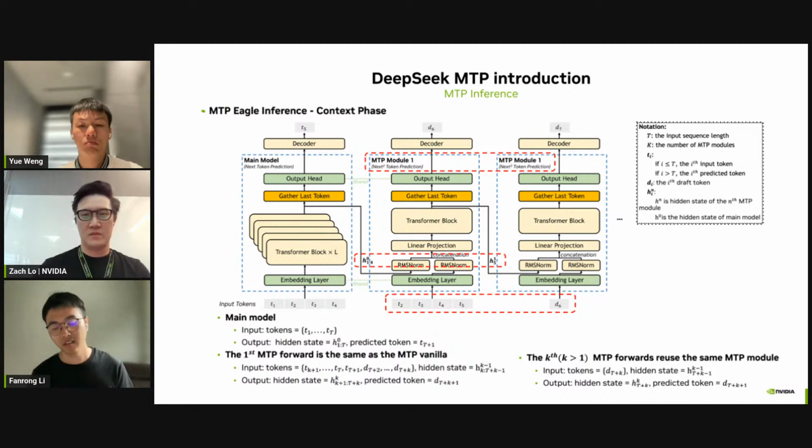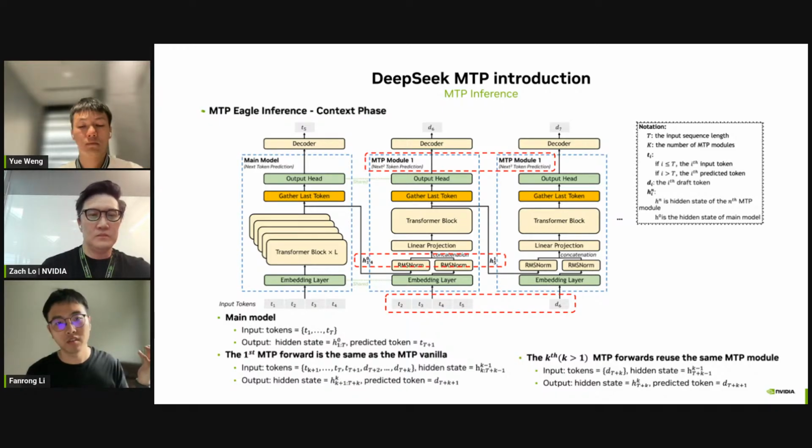The other difference is about the input token and the input hidden state. For the first MTP module forward, it is the same as MTP vanilla. But in this example, for the second MTP module forward, we only need to input the draft token predicted in the last MTP module forward.